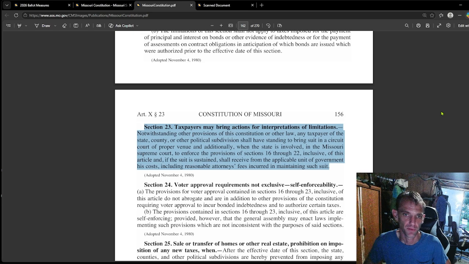Any taxpayer of the state, county, or other political subdivision shall have standing to bring suit in a circuit court of proper venue, and additionally, when the state is involved, in the Missouri Supreme Court, to enforce the provisions of Sections 16 through 22, inclusive, of this article. And if the suit is sustained, shall receive from the applicable unit of government his costs, including reasonable attorney's fees, incurred in maintaining such suit.